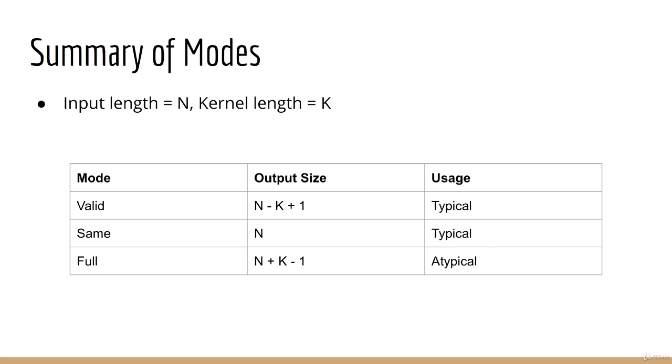The third mode we discussed is called full convolution. In this scenario, we extend the filter out as far as possible so that at least one point on the filter overlaps with one point on the input image. The output size is n plus k minus 1. Normally, in deep learning, we use valid or same convolutions.